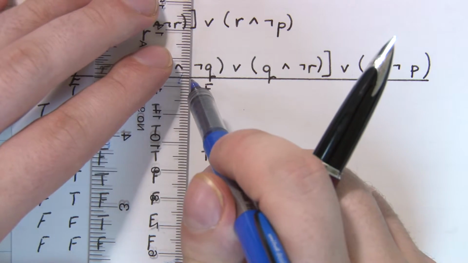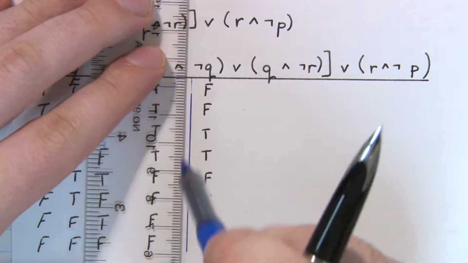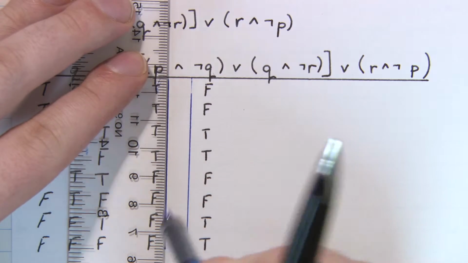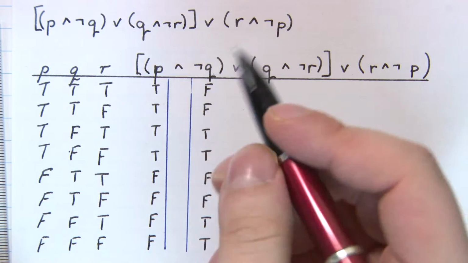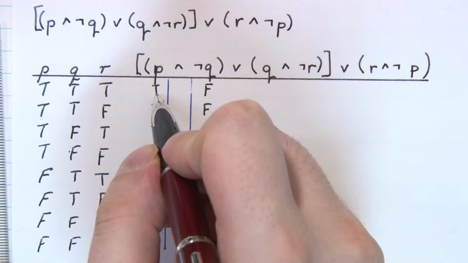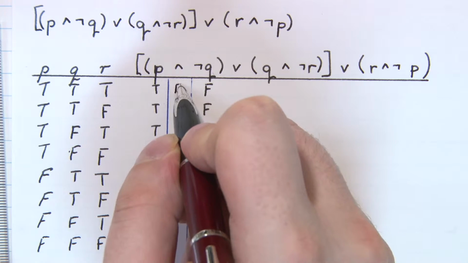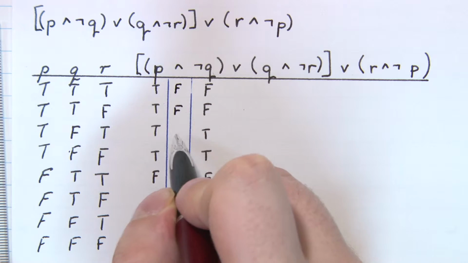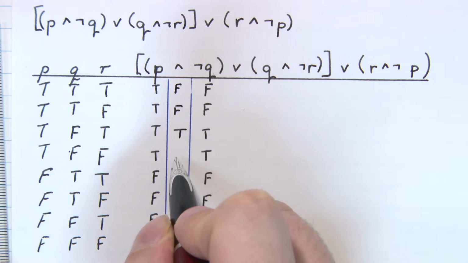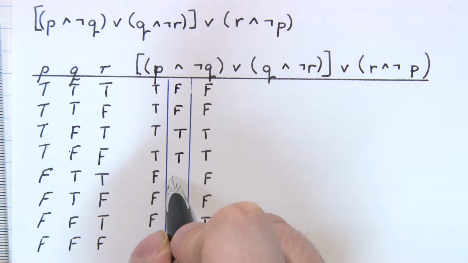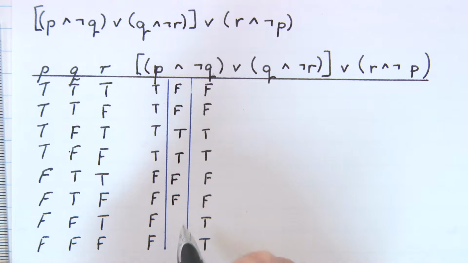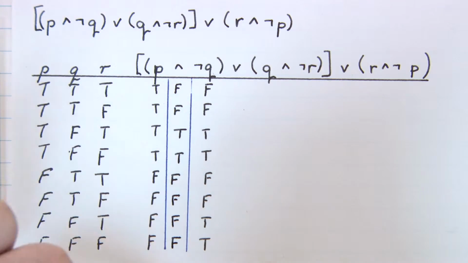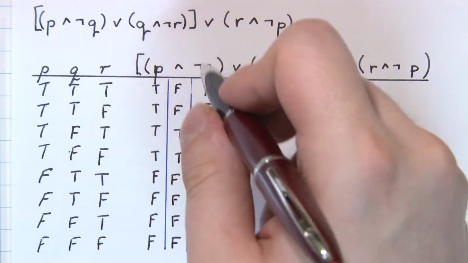And then I'll put the values of the AND in between. So I have T and F, that's false. T and F, again that's false. T and T, that's true. T and T, that's true. F and F, that's false. False, false, false. Okay, so I've done the inside of this bracket now.